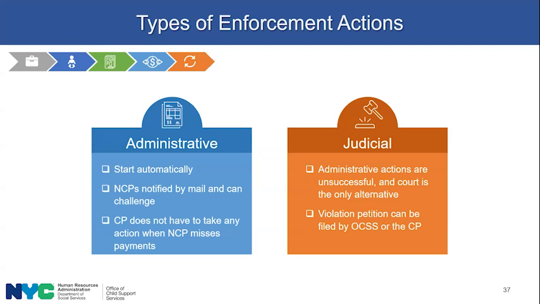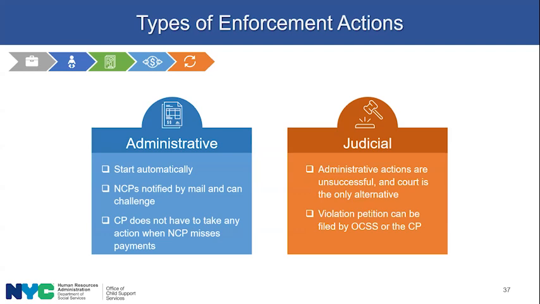For any enforcement action, the NCP is notified by mail that it's coming, and can challenge. Maybe we've got the wrong person. Maybe there's a mistake somewhere. Always, due process allows people to challenge an administrative enforcement action. As I said, the CP doesn't have to take any action. These start automatically by OCSS.